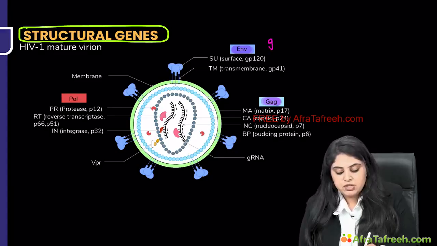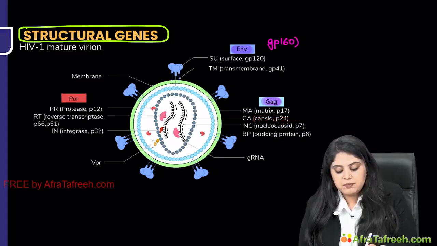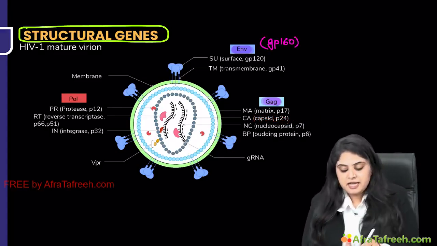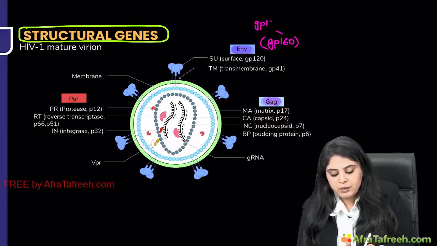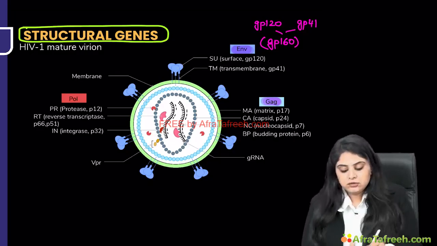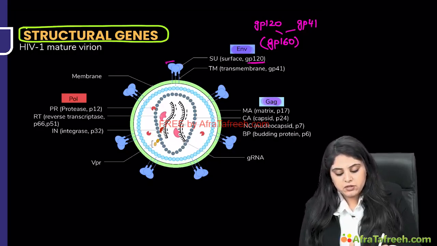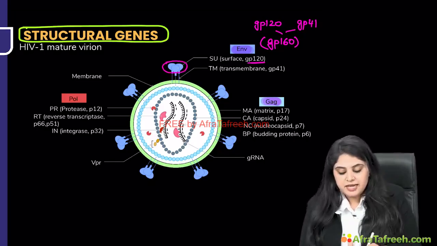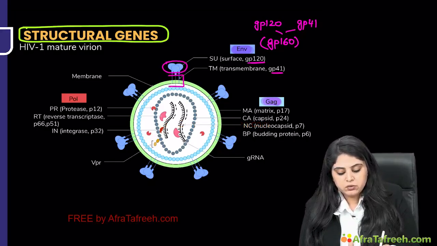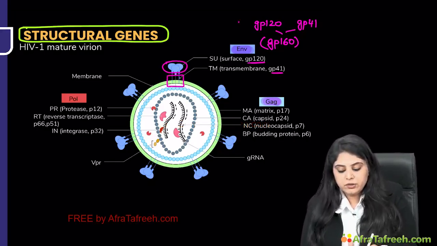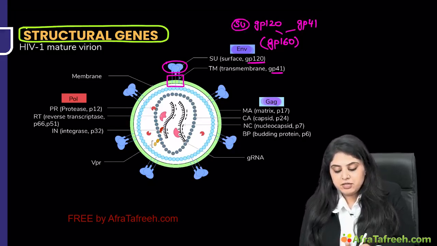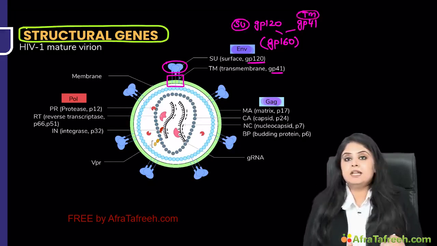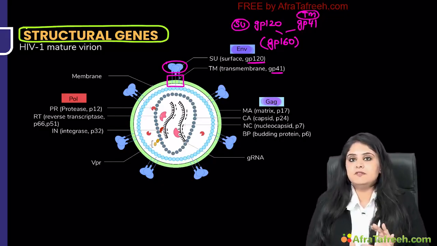Envelope's full name is GP160. 160 I have divided into GP120 and GP41, okay? So GP120 is the one that you see coming on the surface, and GP41 is the one you see going through the membrane, right? So 120 is the surface one, and 41 is the transmembrane one. That makes up GP160.